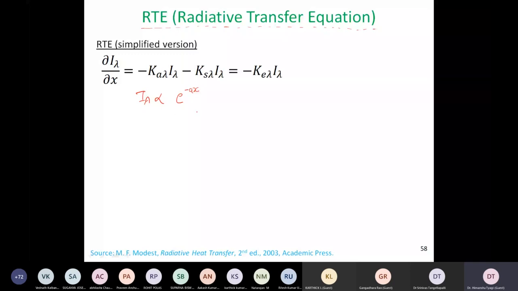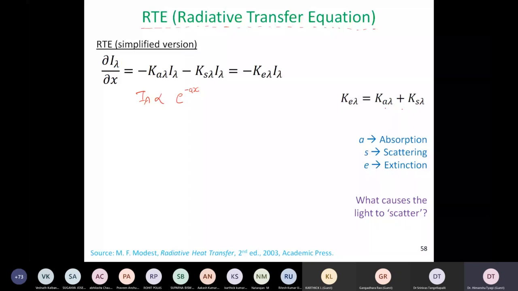So we will figure out how we actually solve it, and what are these three subscripts. Ka stands for the absorption coefficient, Ks stands for the scattering coefficient, and if we add them together, Ka plus Ks, we get Ke, which is the total extinction coefficient, the sum of the absorption caused by a material and scattering caused by a material.